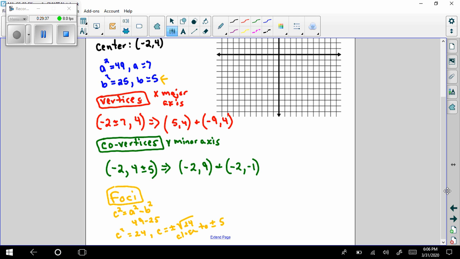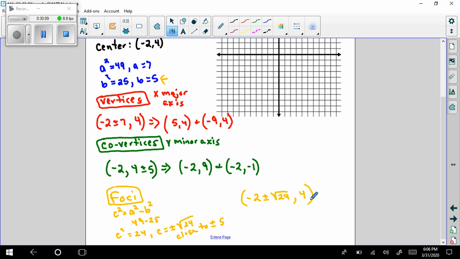Okay, so that is affecting your x value because we have a horizontal ellipse. So the coordinates of your foci are -2 plus or minus the square root of 24. It's affecting your major axis, which lies on the h value of the center, and your k value is not going to change.